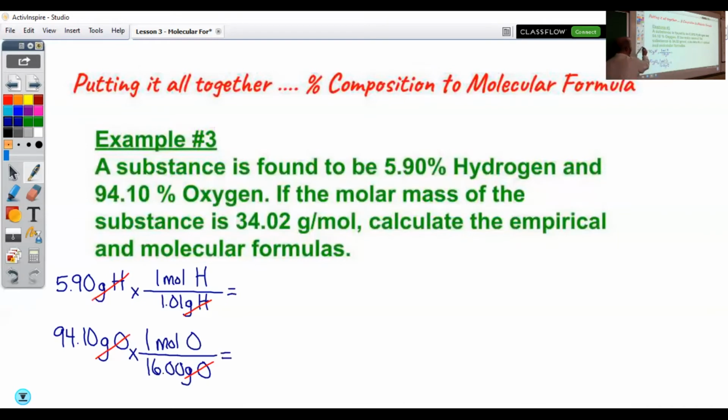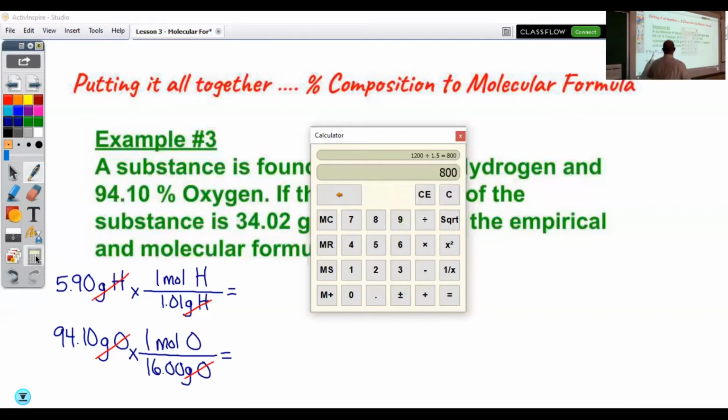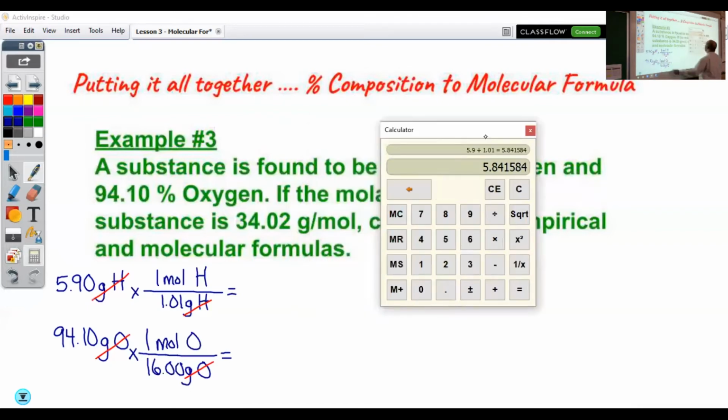I'll use my trusty calculator here. 5.90 divided by 1.01 turns out to be 5.842, or just 5.84 moles of hydrogen.